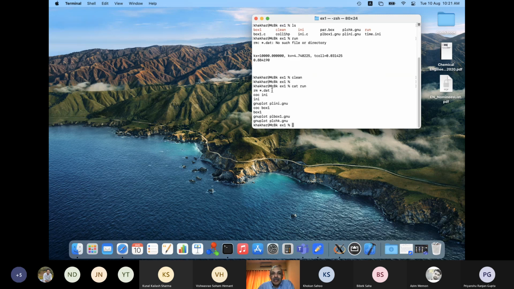It says remove all the data files, compile the program ini.c, then run it, then plot the initial positions, compile the program box1, run box1, and then plot the positions of the particles after running, and then plot, as a check, how this result compares with the hard particle case. Okay. So that's what it is.